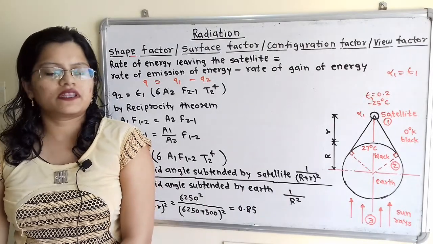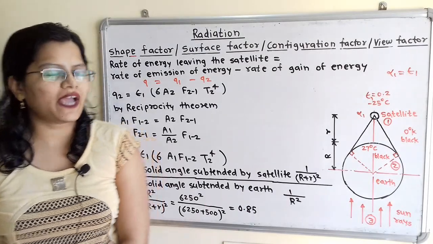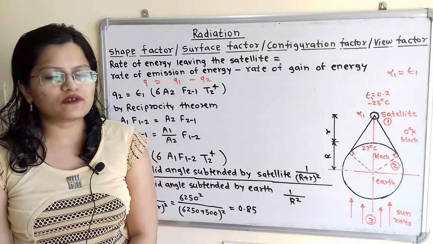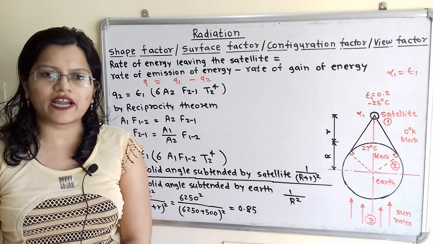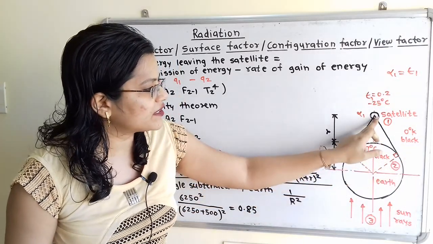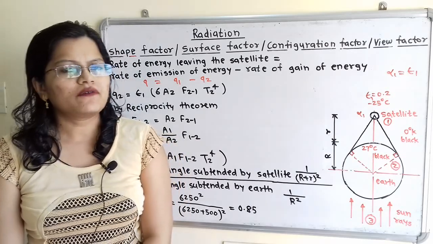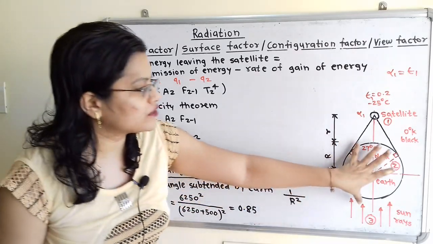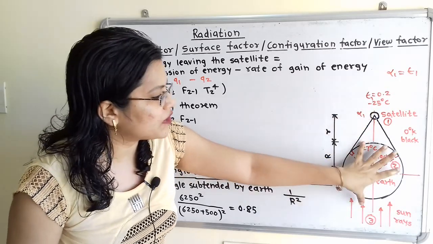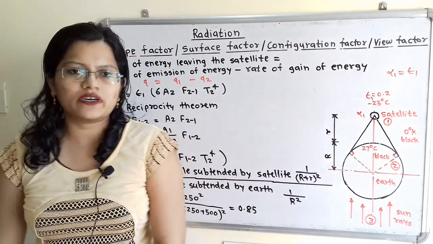If we observe the equation for Q2, then we have to find out F of 2 to 1. That is, we have to calculate what is the fraction of radiant energy emitted from the surface of earth that reaches the satellite. Now if we observe the size of earth and satellite, this satellite is much smaller as compared to the earth.